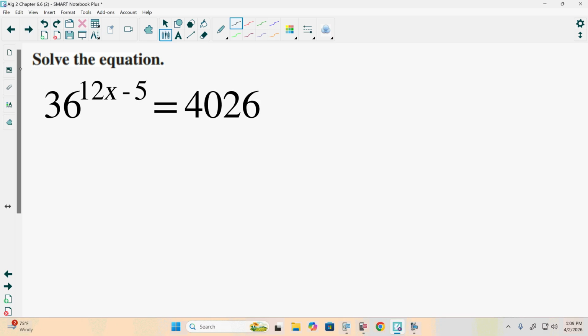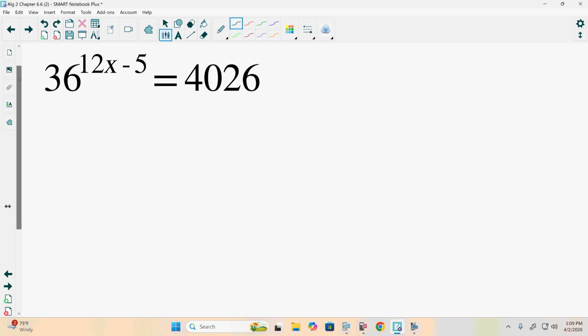36 to the 12x minus 5 equals 40.26. Is there one term on either side? Yes.